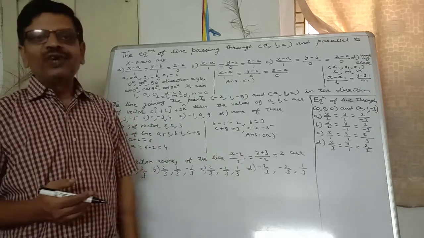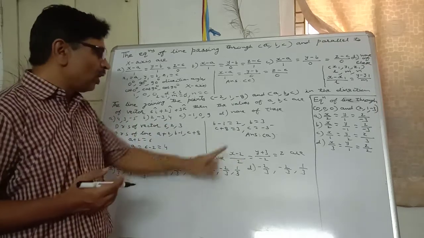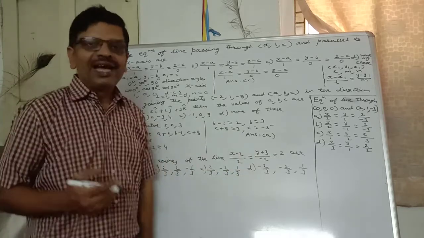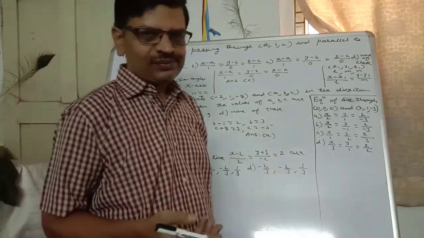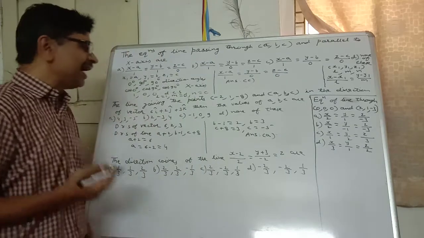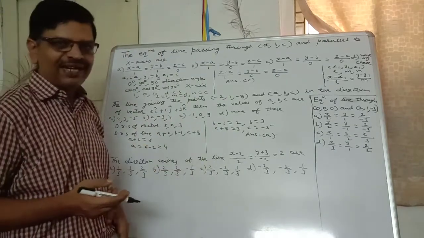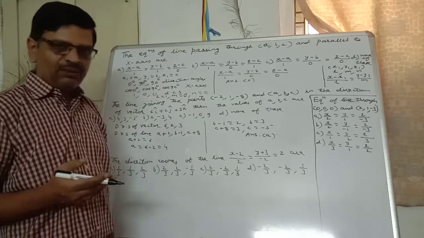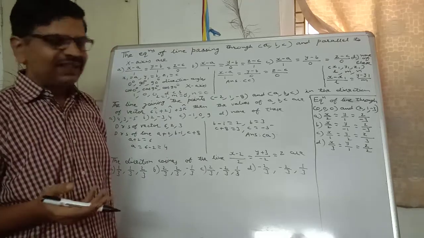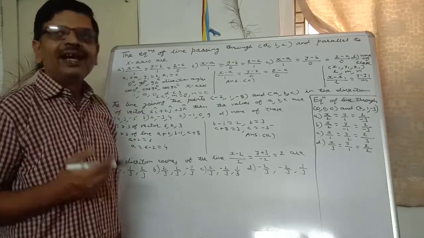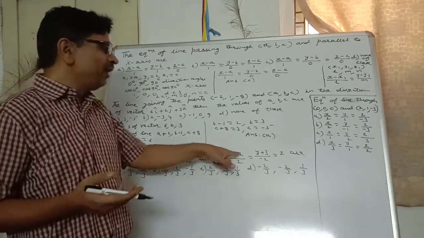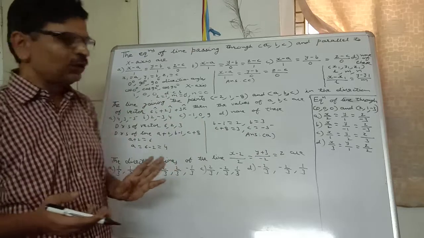From the numerators we get the coordinates of a point on the given line. The denominators give us the direction ratios of the line. Here we have to find the direction cosines of the given line. So we need only the direction ratios, because by using direction ratios we can find the direction cosines of the line. We don't require the coordinates of the point on the line.